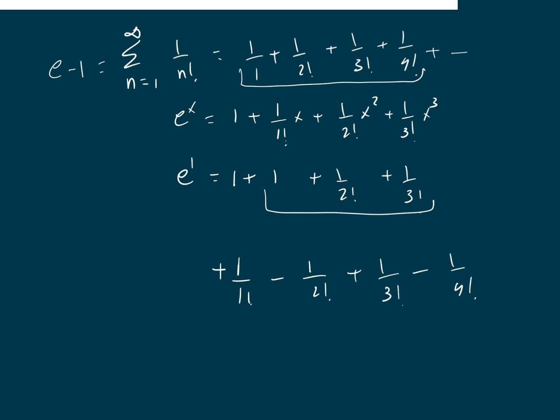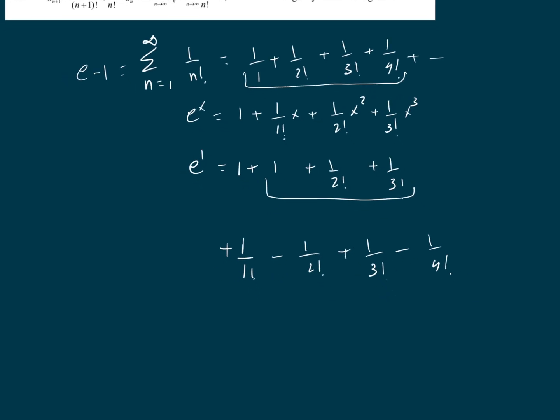So now we have to ask ourselves, does this series converge or diverge? This is an alternating series. It will converge when the limit when n goes to infinity of a sub n, or the limit when n goes to infinity of 1 divided by n factorial, goes to 0.